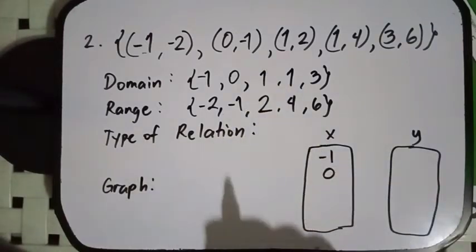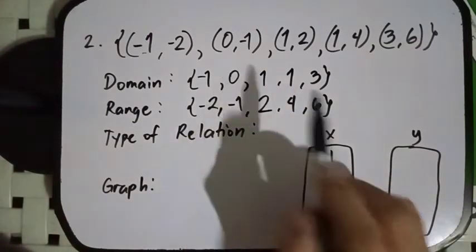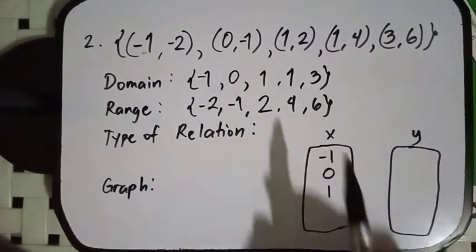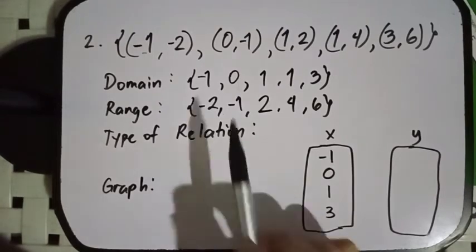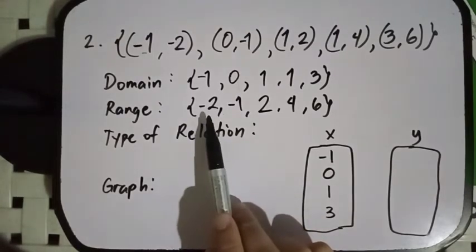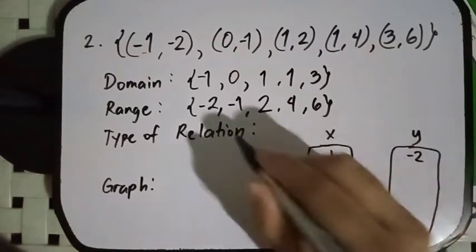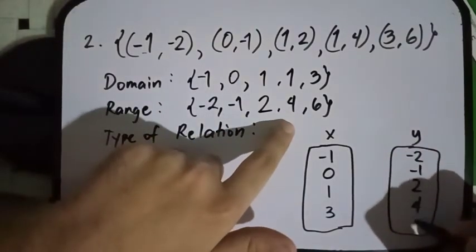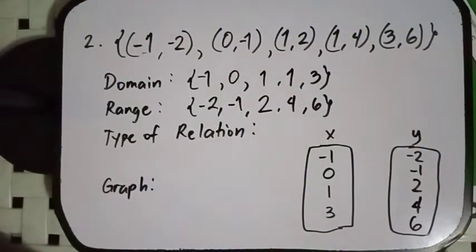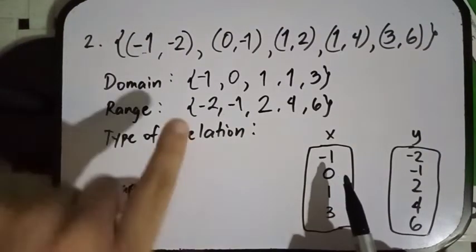So, isang beses lang isusulat yung number na yon, 1. Tapos, 3. Okay? Tapos dito naman, sa range, negative 2, negative 1, 2, 4, and 6. Ayan. Tapos, saka nating pagparisin, di ba?